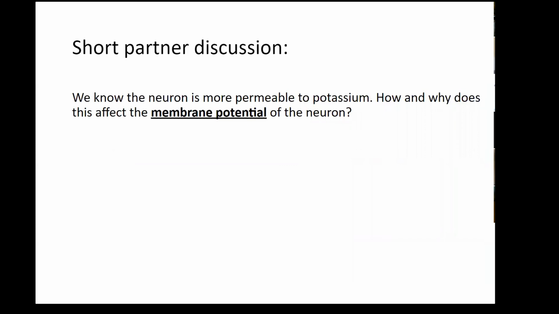So I'm going to give you guys partners right now, and I want you to discuss how you think the fact that the neuron is more permeable to potassium might affect the membrane potential. So we have a difference in permeability between our two ions.